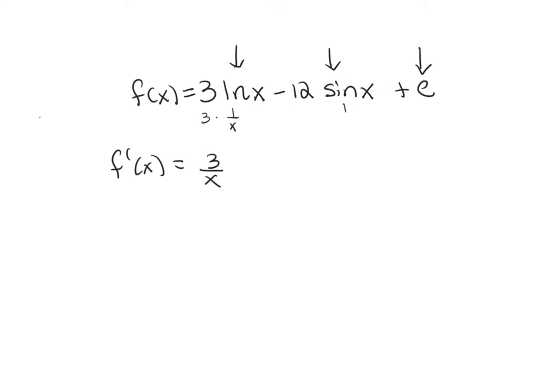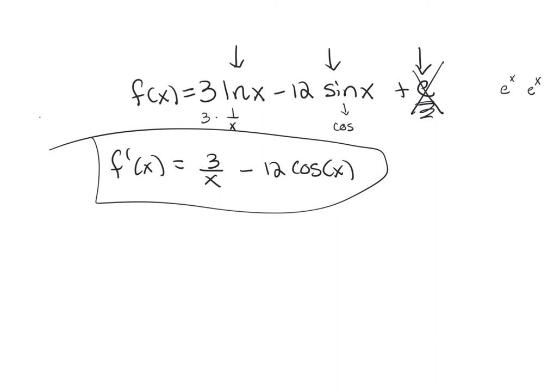The derivative of sine is just cosine, so the sign doesn't change: it's going to stay minus 12 cosine of x. Okay, e, remember, when it has a power of x, the derivative is e to the power of x. But e by itself is just a constant, so it gets cut off. There's my derivative.